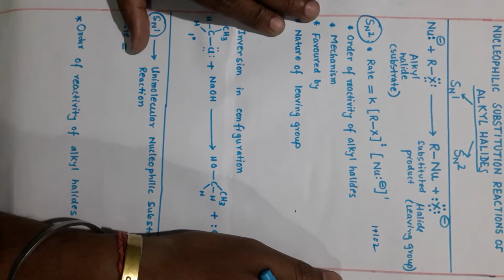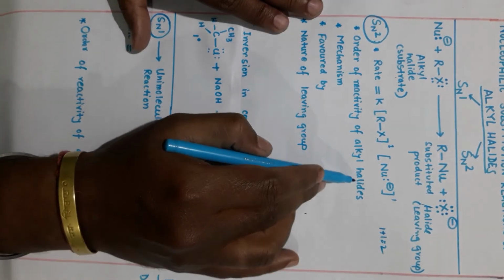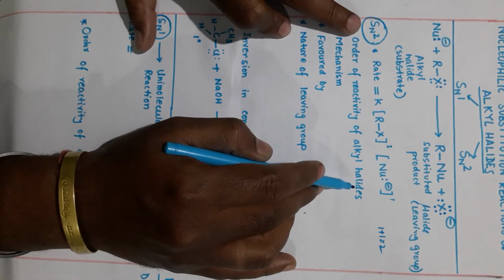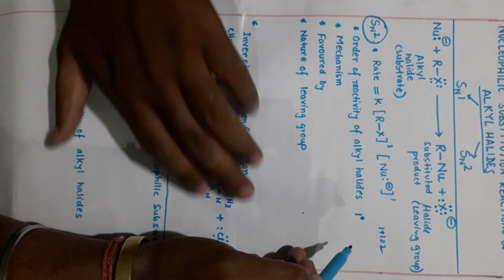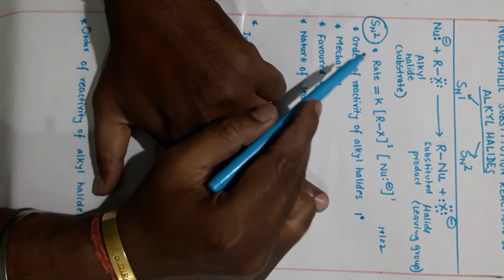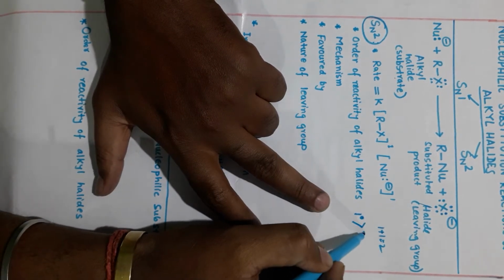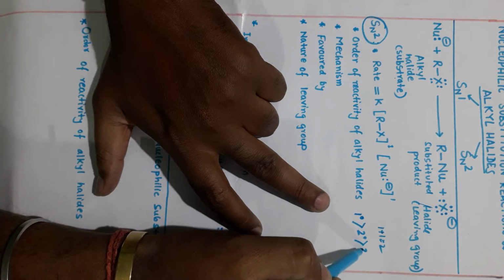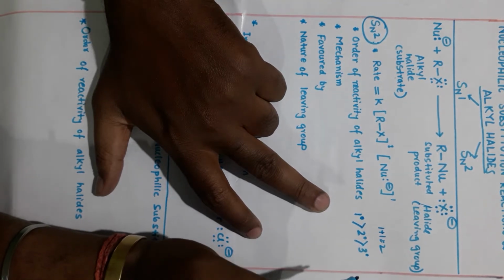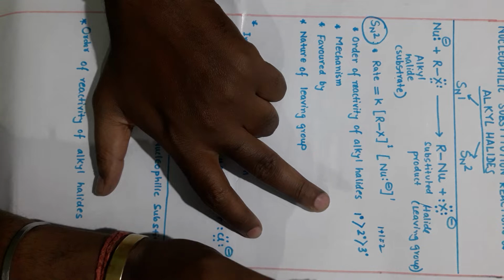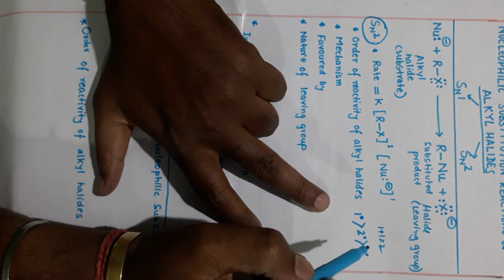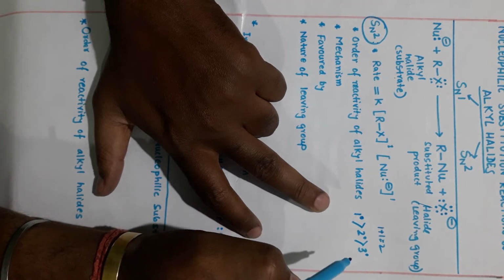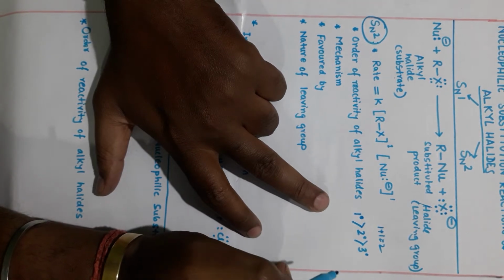Next we have learned the order of reactivity of alkyl halides towards Sn2 reaction. Primary alkyl halide has the highest reactivity for Sn2 reaction, followed by secondary and tertiary. We have learned the reason also. You can refer to my previous video; I'll be giving a link in the description of this video.